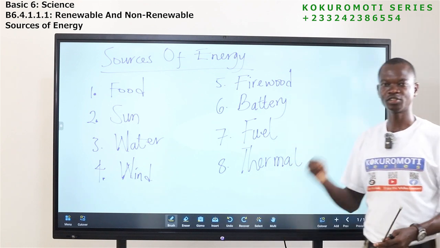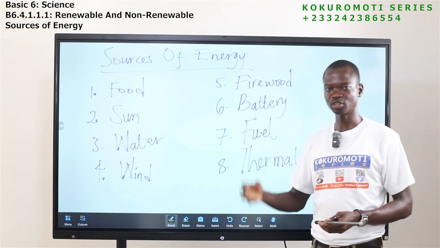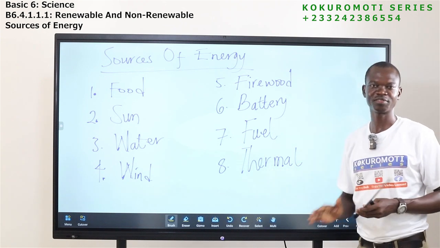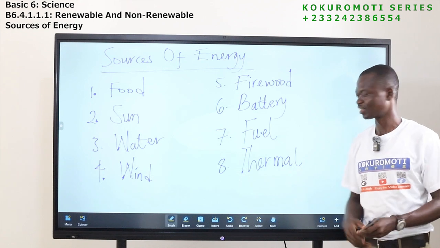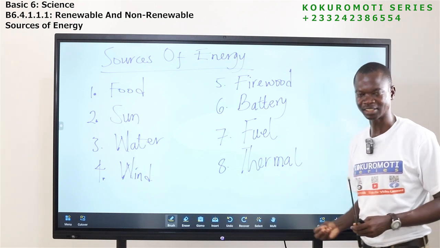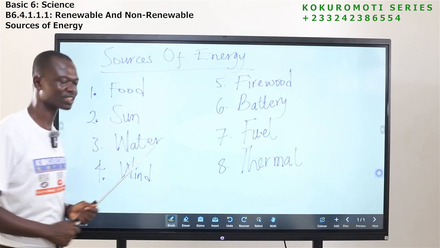All these are used by machines, all these are used by vehicles, and they are used to do work. Without them, it will be very difficult for machines to work. Okay, the next one is thermal. Thermal, we are talking about heat. So these are the sources of energy.